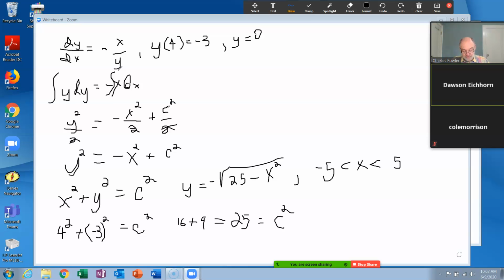But after variables are separated and you do your thing with them, then the y might not show up as a family of solutions because you were dividing by something that ultimately became a 0 later, is basically what the deal is. So let's do example 3 and see if that makes sense.